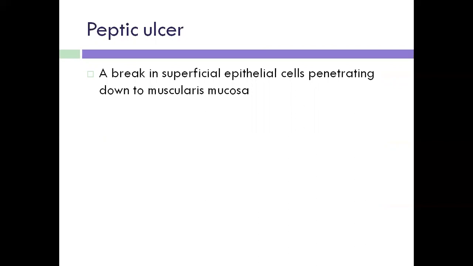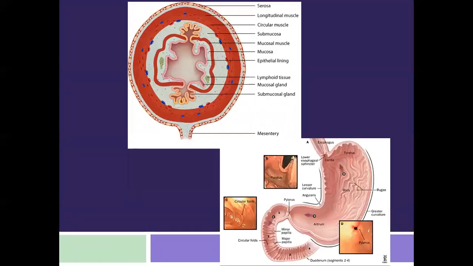Actually, we describe peptic ulcer in a broader way. Peptic ulcer is divided into two types: gastric ulcer and duodenal ulcer. Gastric ulcer is the actual area of stomach problem, whereas duodenal ulcer is a problem within the duodenum region. You know that our stomach is very acidic in nature. Why?